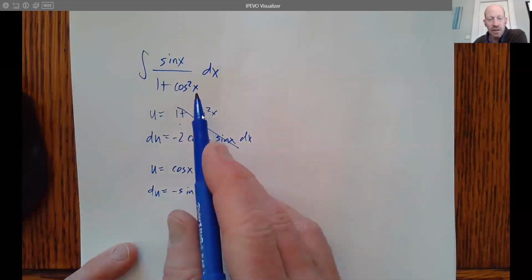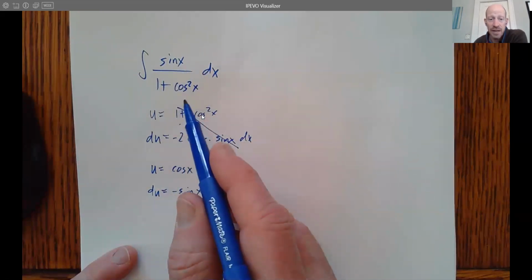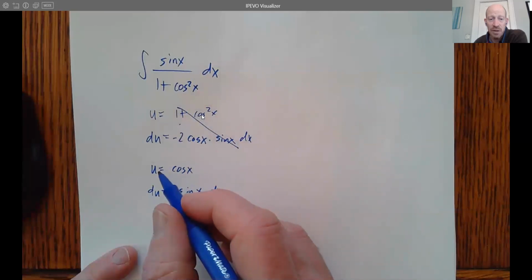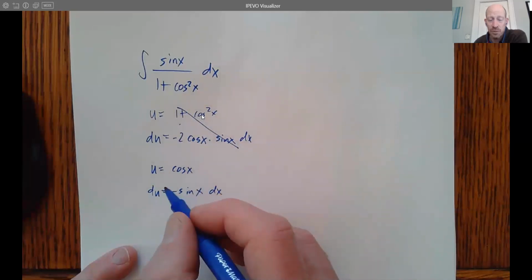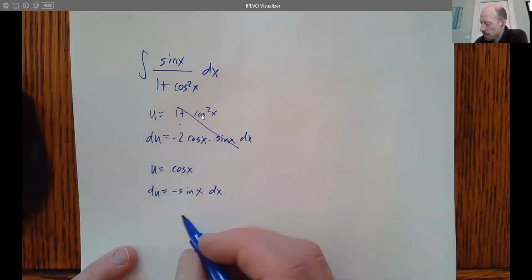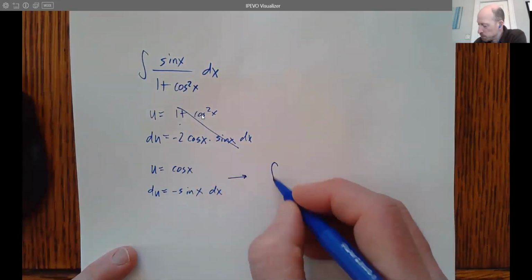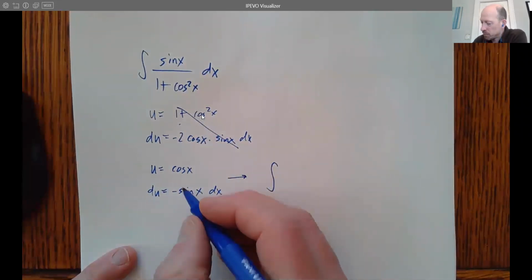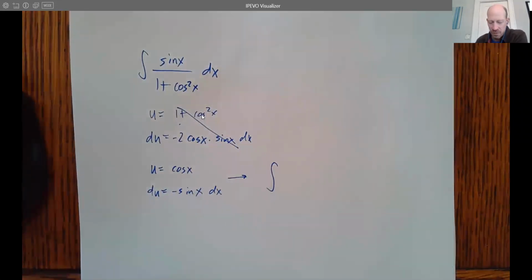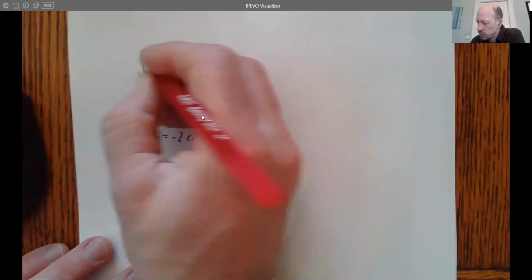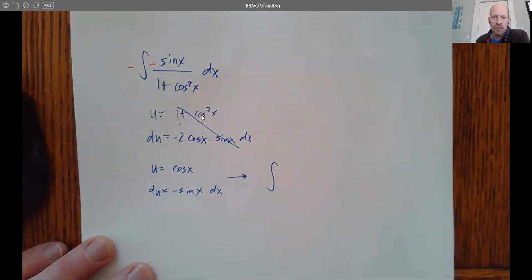And this all of a sudden, to me, feels better because I can see directly how to replace all the x's with u's. I need a negative in there. Right, so that's my strategy.